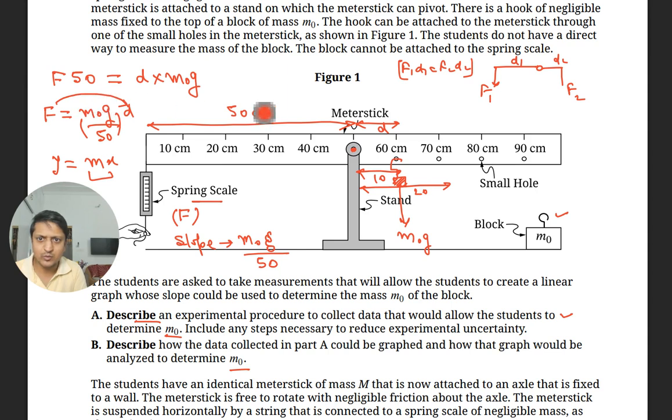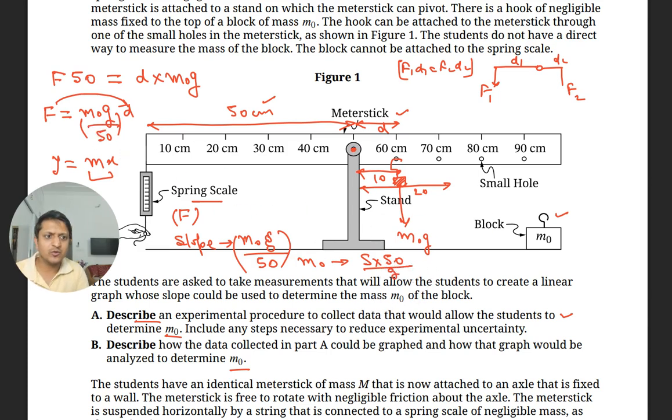We are not converting centimeters here because on both sides it is centimeter, so it would cancel. So this is the slope. From this slope, you can say that m naught value will be slope times 50 divided by g. So this is one way.